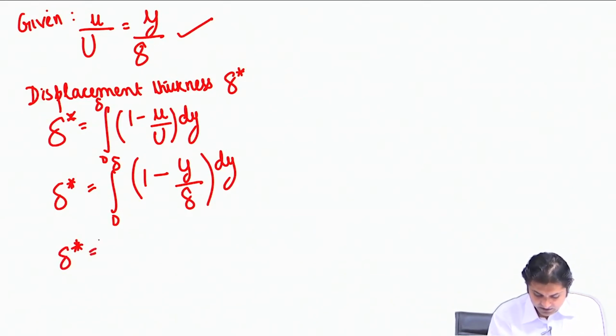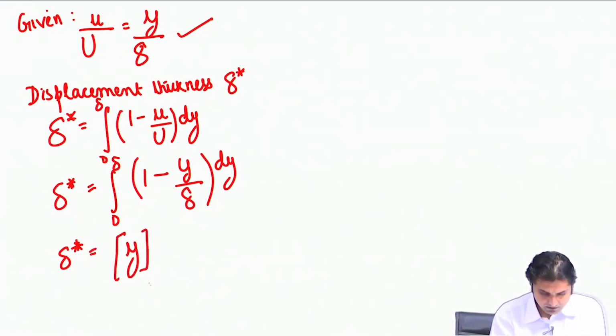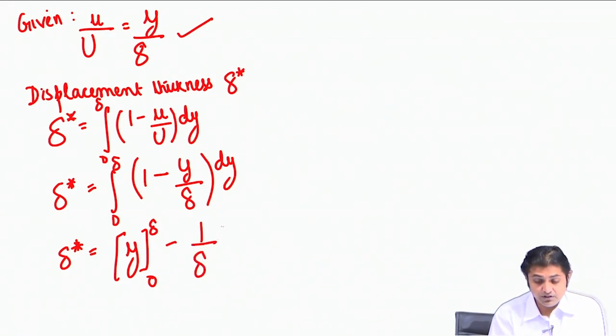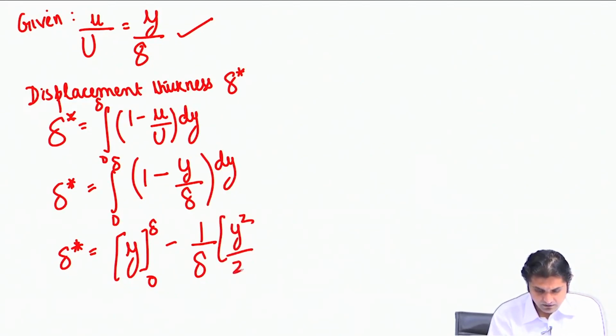Delta dash can be written, after integration, as delta minus 1 by delta, because this is integration with respect to y, this will become y square by 2, 0 to delta.